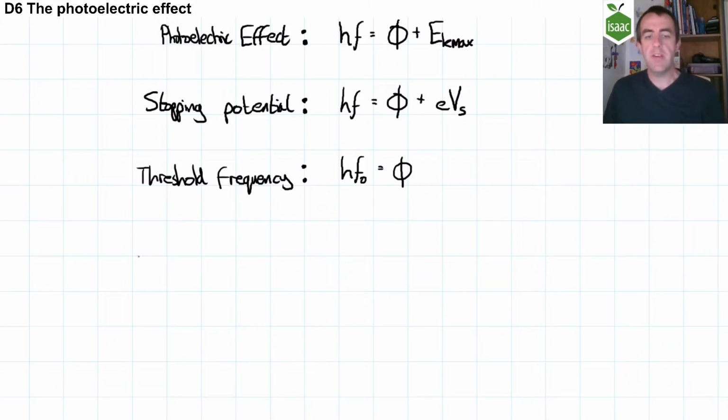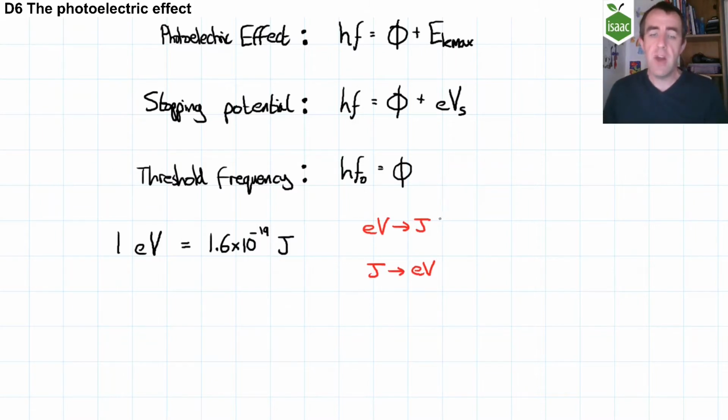Now, a tricky part of questions to do with the photoelectric effect is that often energy will be given to you in units of electron volts, and you'll need to convert. So 1 electron volt is equal to 1.6 times 10 to the negative 19 joules.